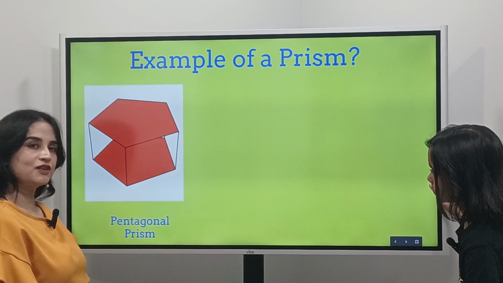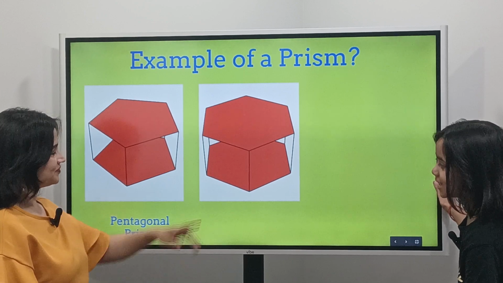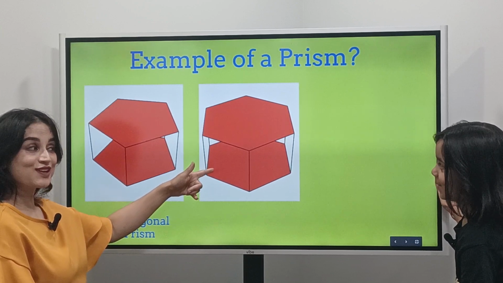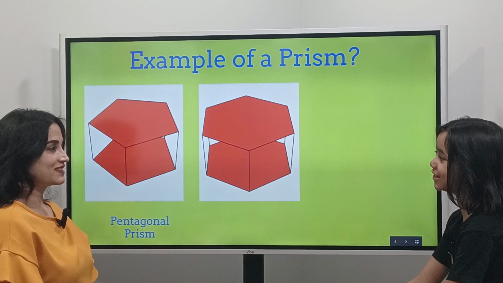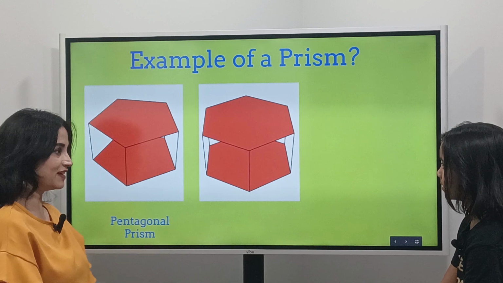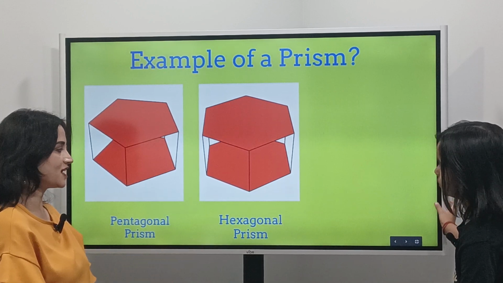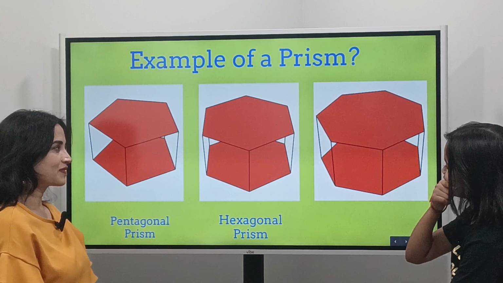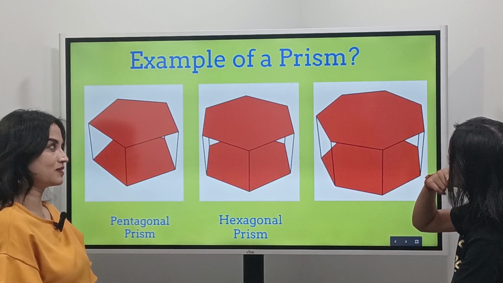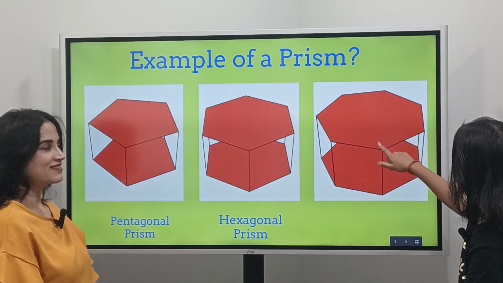So it's a pentagonal prism. And I think this one is a hexagonal prism. Why do you think so? Because there are 6 vertices or sides. And it has a top and bottom base, right? Yes, but not on the sides. It's a hexagonal prism. What is that one? 1, 2, 3, 4, 5, 6, 7.